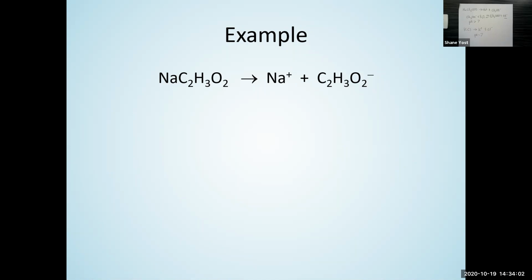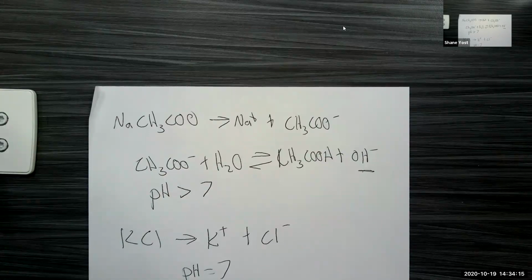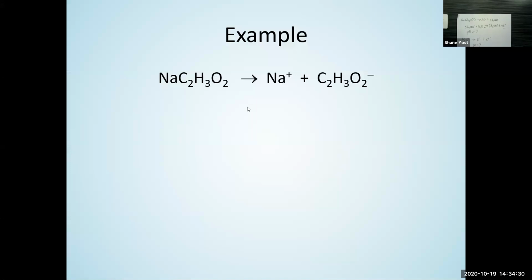That weak base will react with water, undergoing an equilibrium reaction to produce hydroxide ions in solution and the conjugate acid. And so its pH is going to be greater than 7, so this is going to be a basic solution. Effectively, you've introduced a weak base into solution, so the solution is going to become basic.